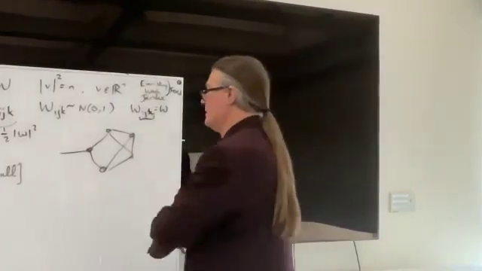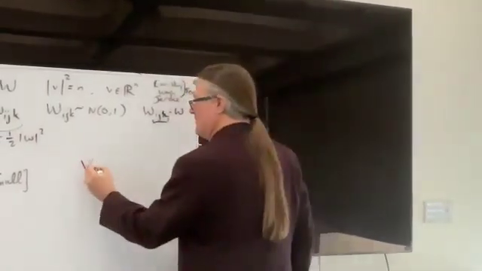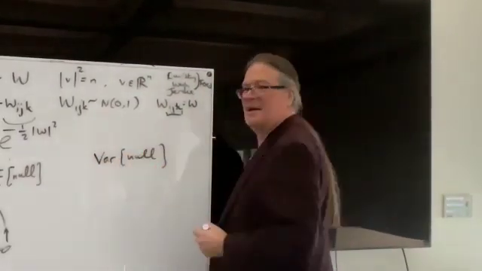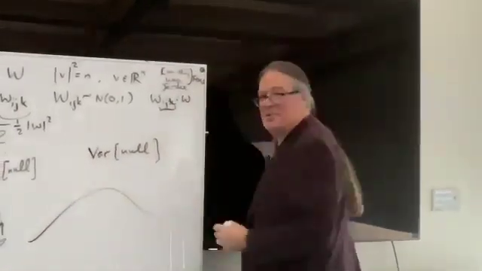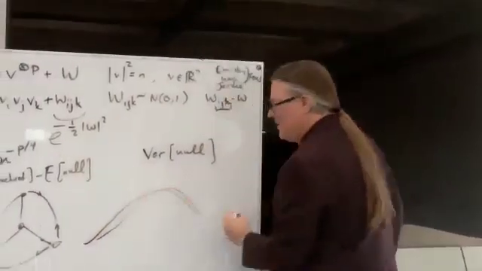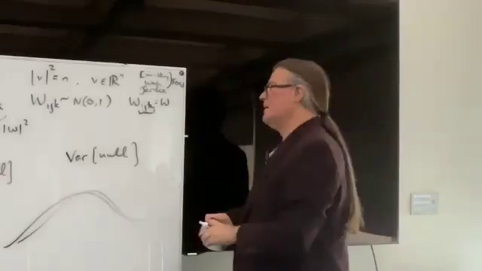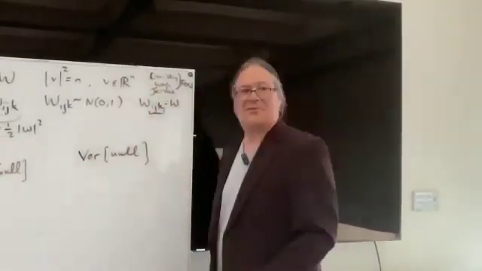The other question is, what is the variance in the null model? Because if the null model has a really broad distribution, then shifting that distribution over a little bit isn't going to help you very much. Now, you could be thinking about higher moments and so on, but this is the level at which I'm going to do the analysis.